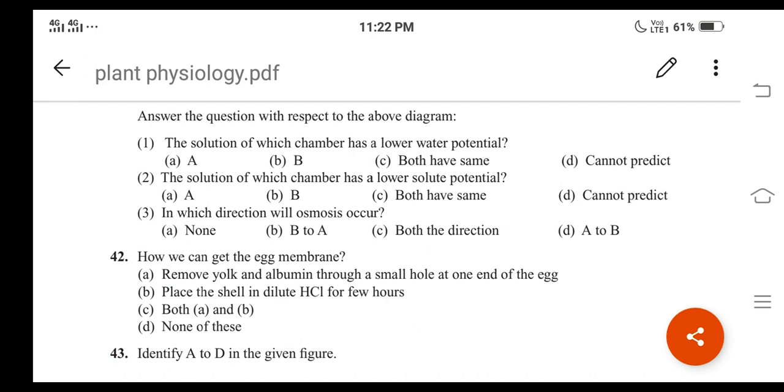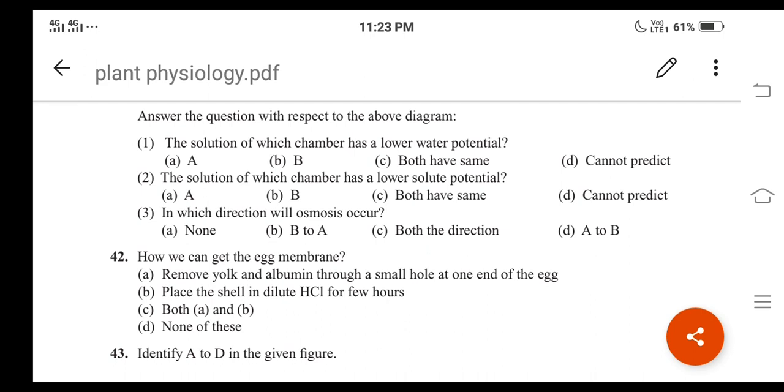And the third question: in which direction will osmosis occur? It means from A to B, because water molecules are more in chamber A than chamber B. Water will move from the higher concentration to the lower concentration, or you can say from higher water potential to lower water potential.